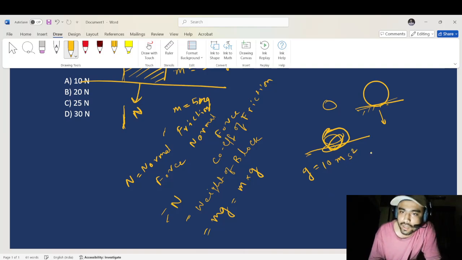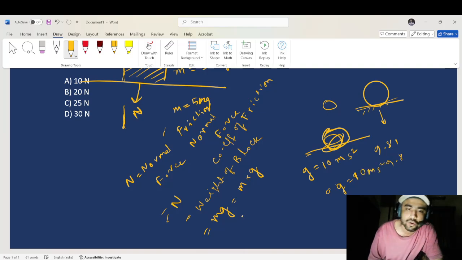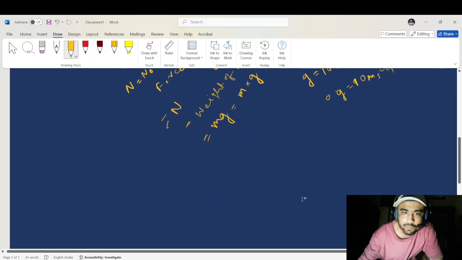Ideally it is 9.81 or 9.8, but for solving numericals, we basically assume that it is approximately 10 meters per second square, right? So okay, let's move to the next part.